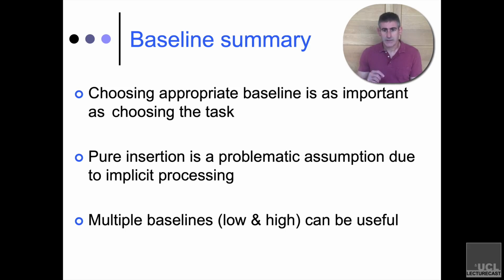One of the things I always recommend for people is that multiple baselines can be a good thing, right? So if you have a good high-level baseline, it's often very sensible to include a low-level baseline as well. And the reason for that is, in case your high-level baseline assumptions are wrong and there are no detectable differences between your activation and your baseline, if that's all you have, you got nothing, right? You have literally no results and you've wasted everybody's time and efforts.